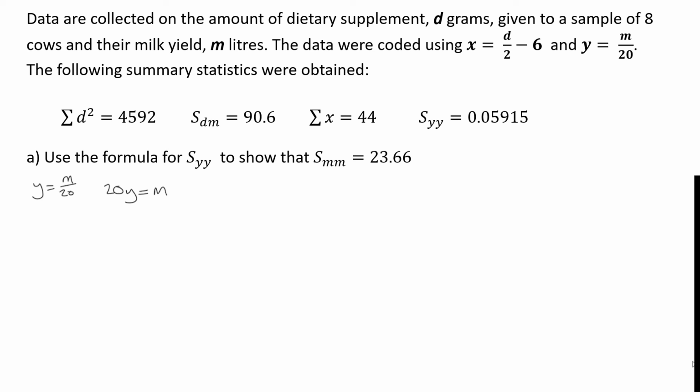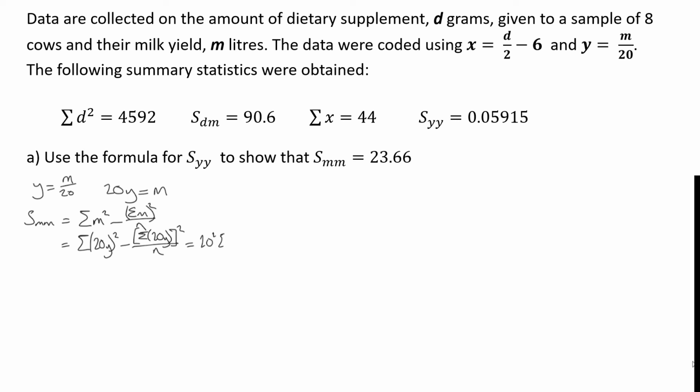So we're just going to start with an expression for the sum of mm, or Smm. So here's the formula. But since we're thinking about y, I'm going to substitute m's for 20y. So everywhere I see m, I'm going to substitute 20y. Now I actually just want to simplify this through expanding to see if I can rearrange.